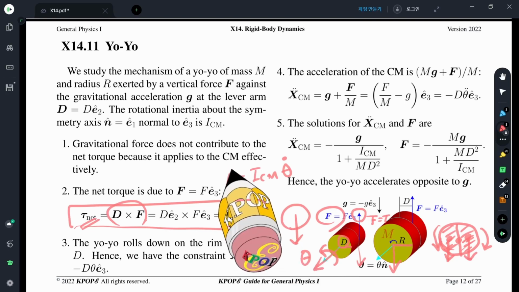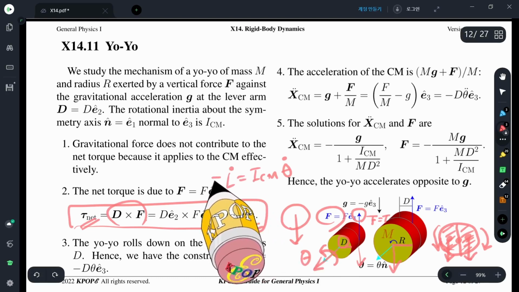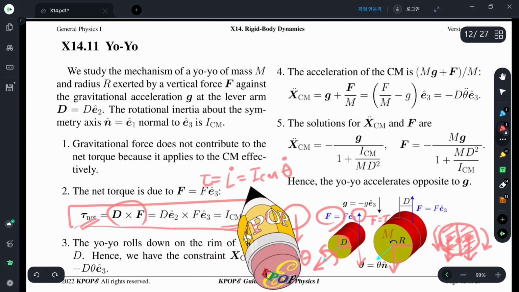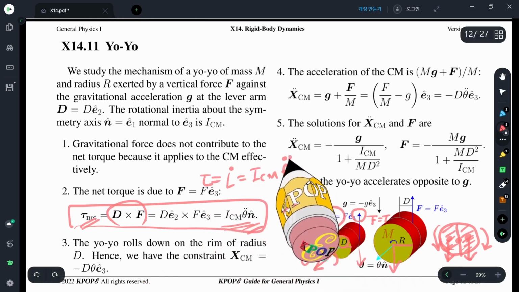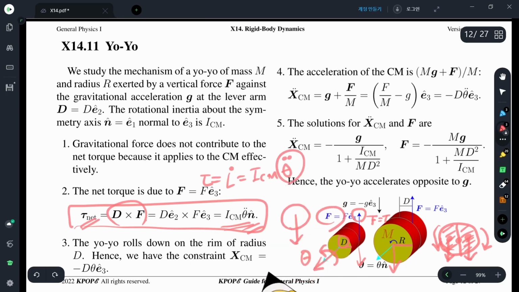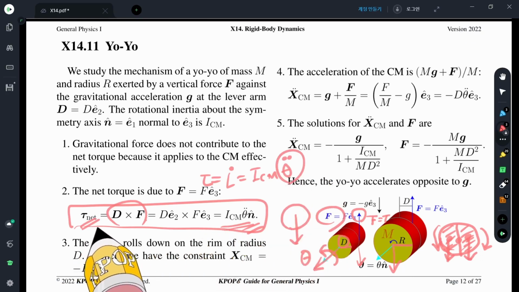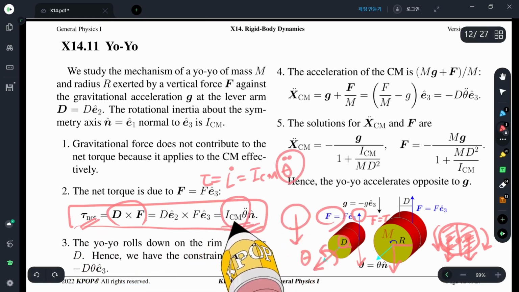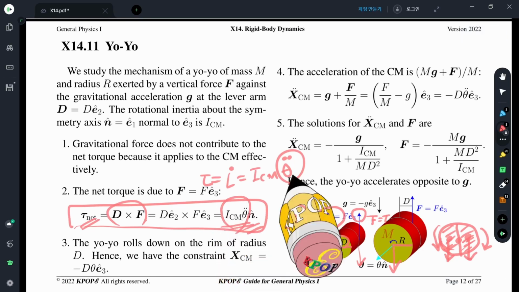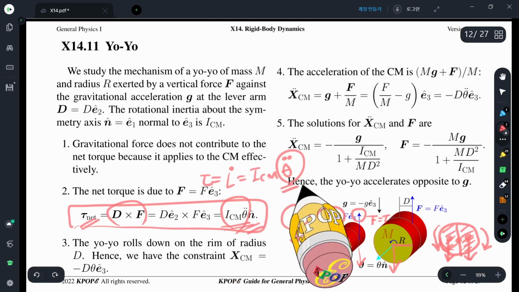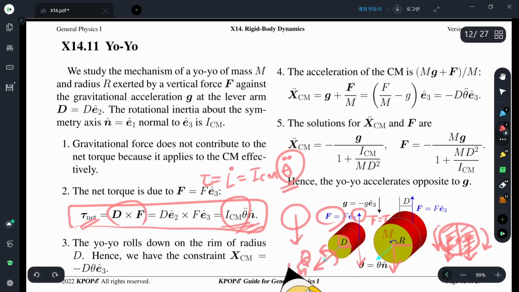And torque should be the same as angular momentum's time derivative. Because I is constant in this situation, we have angular acceleration. So the torque is finally expressed as the product of the I_CM, this rotational inertia, multiplied by the angular acceleration, and that is given in here.